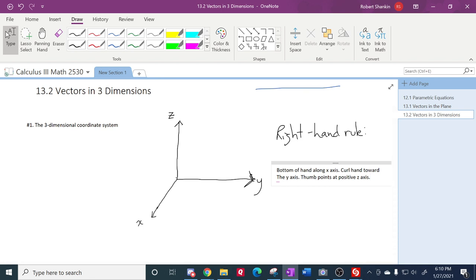I have a question. Yes. I can't use my right hand for that. I have to use my left hand. Is it supposed to be? I'm just wondering if the right hand rule is with your right hand, or is it just called that? If I use my left hand, it won't work for me.